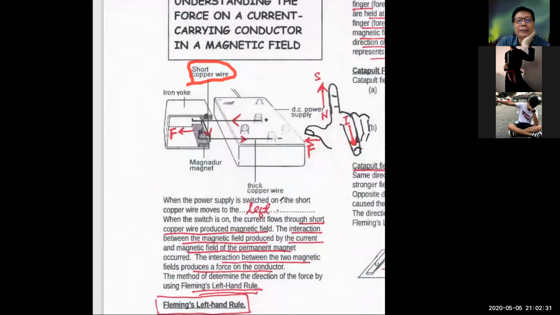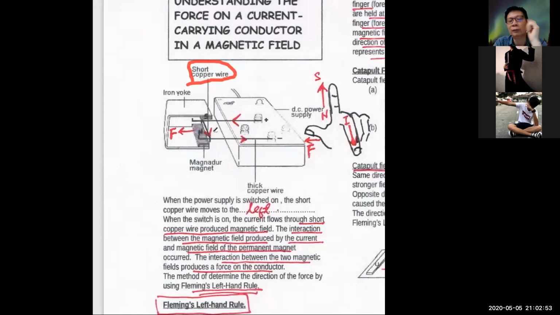When the power supply is switched on, the short copper wire moves to the left. Later on, I'll tell you why it moves to the left. And then follow here. When the switch is on, the current flows through the short copper wire and produces a magnetic field.